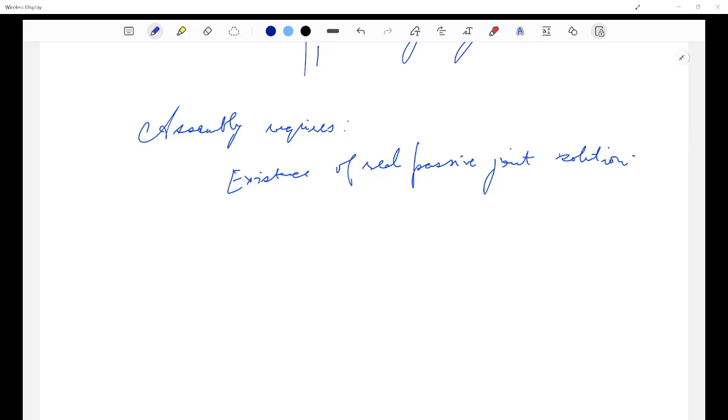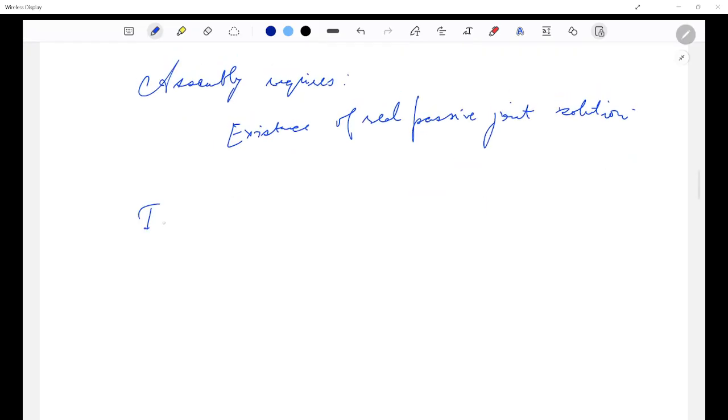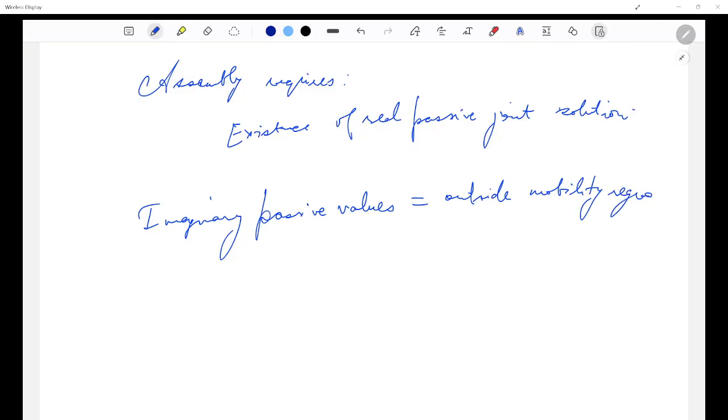So imaginary passive values means outside the mobility region. I hope that is clear.